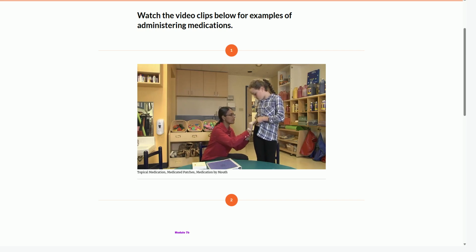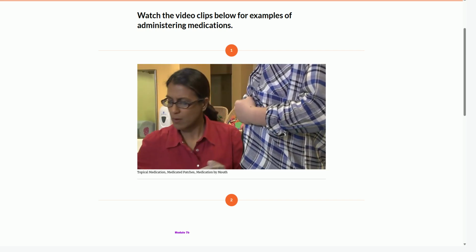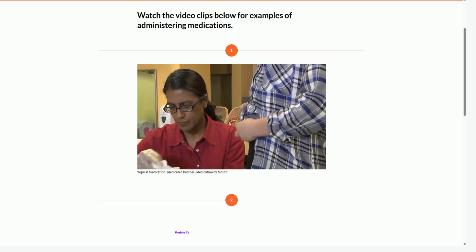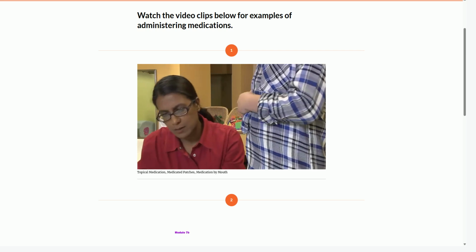Clean the child's skin with soap and water and pat the skin dry. Wear gloves if needed. All medicated patches may be applied differently, so be sure to follow the written instructions. Be sure these instructions include what to do if the child removes the patch or if it falls off.